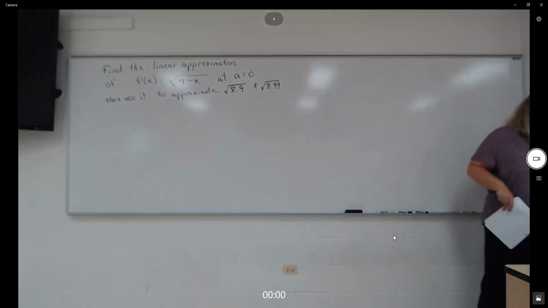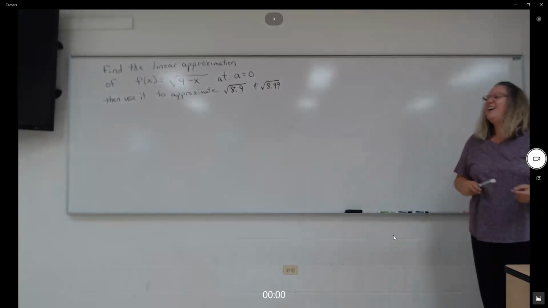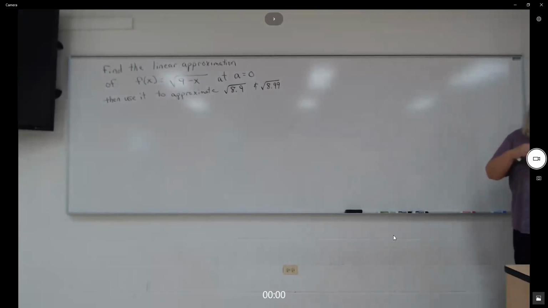So we found slope for the tangent line. Now we're going to find the tangent line to use it as an approximation and then actually go approximate. Kind of like, you know, there was an old lady who swallowed a, yeah, right? So now, we did the derivative to write the tangent. Now we're going to do the tangent to use it to approximate.